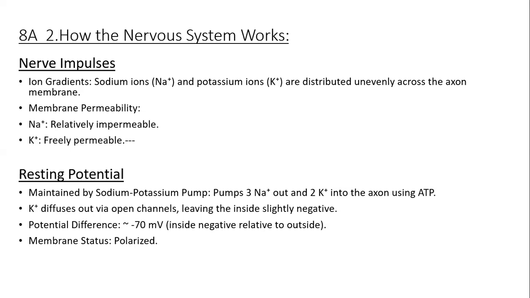More positive charge going out means less positivity is there inside, so inside there is negative. That's why it says leaving the inside slightly negative. Inside is negative relative to the outside. Therefore the potential difference is minus 70 millivolts. Polarized means what?